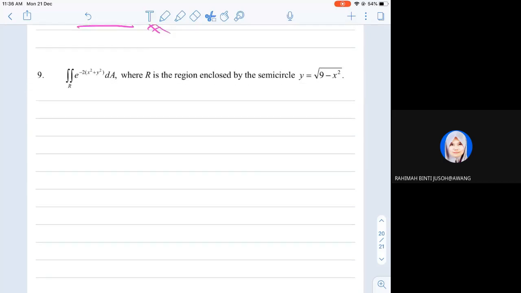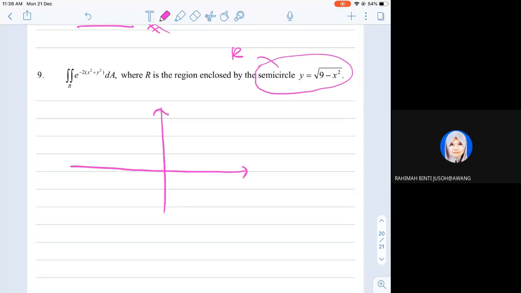Alright, first of all, of course, you need to sketch the region R. Therefore, this is your region R, semicircle, okay, region R. So we will have X and Y. We have a circle with, okay, here Y equals to square root 9 minus X squared.